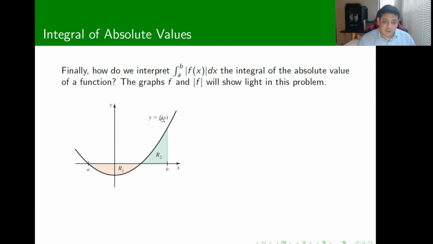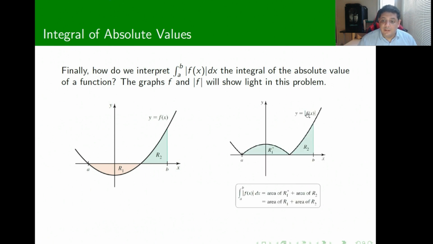Notice this function here. We have two areas, where area R1 is negative and area R2 is positive. When I take the absolute value of f of x, this area is reflected across the axis and becomes positive, and the positive area stays the same.